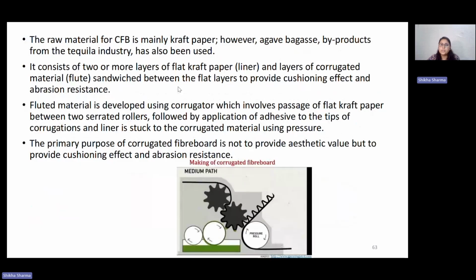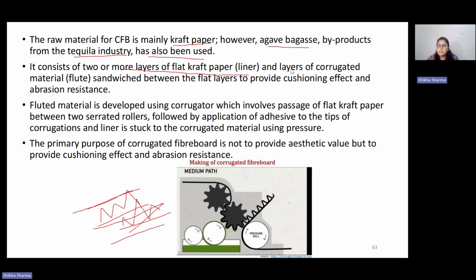So the raw material for CFB is basically kraft paper only. However, agave bagasse byproduct from the tequila industry has also been used, so this is a correct statement. In cardboard there are different layers, and in between there can be this cushioning material. It consists of two or more layers of flat kraft paper, which are called liners.